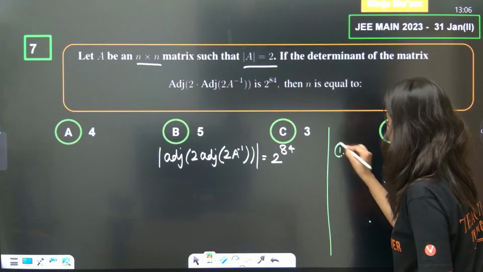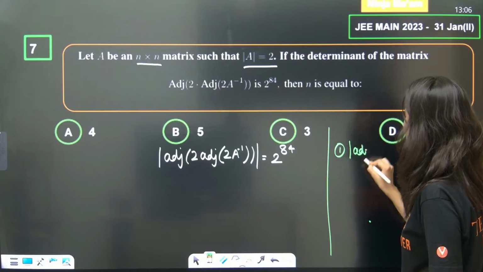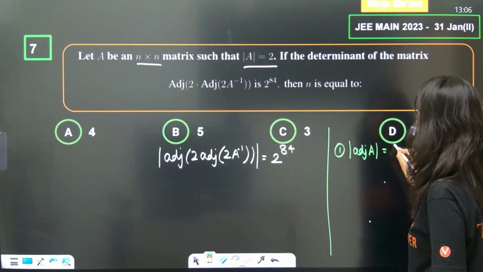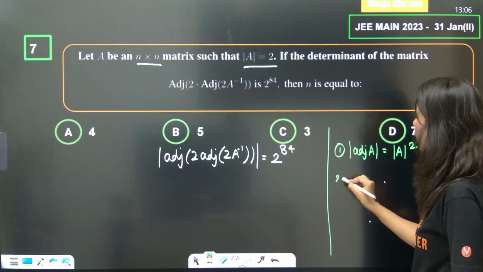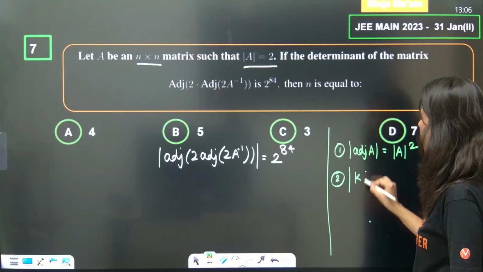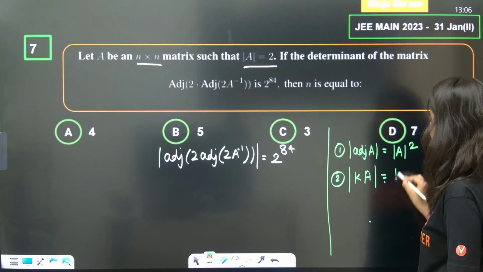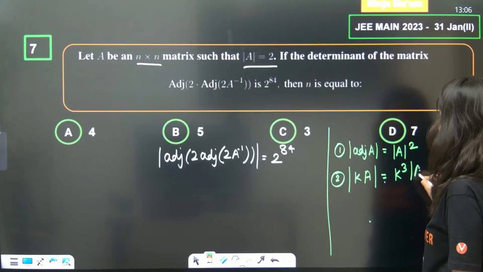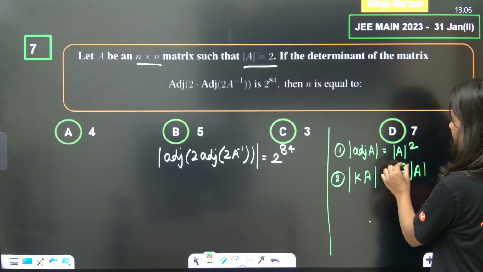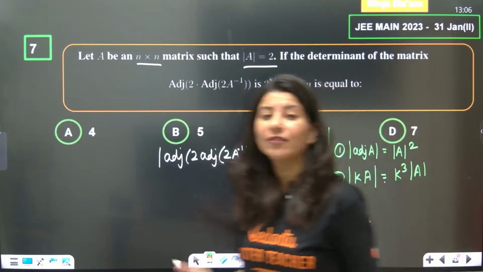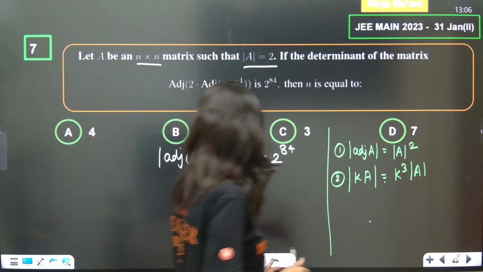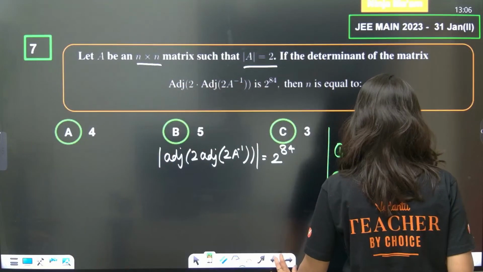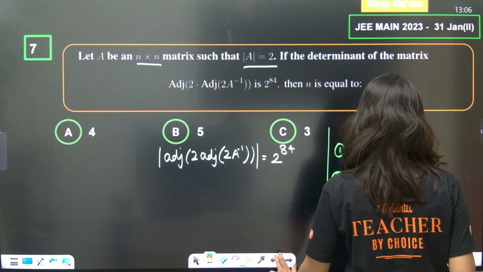First property: determinant of adjoint of A for a 3 cross 3 matrix is determinant A square. Second property: whenever you see any constant stuck inside the determinant, that will come out and the power of this constant will be the order of the matrix. Let me just write the generic properties, not the specific ones.